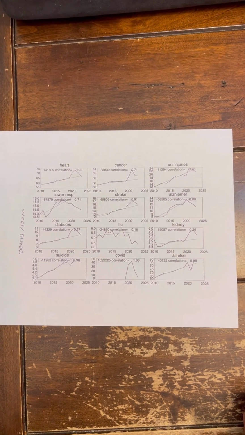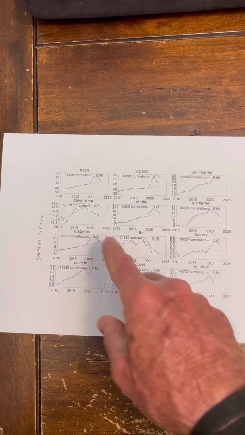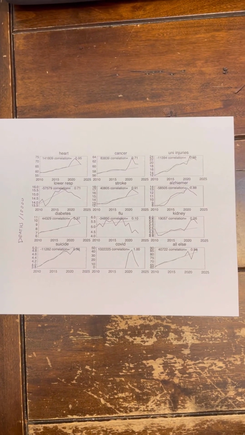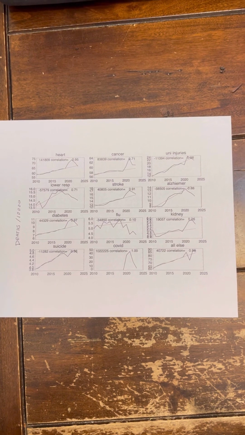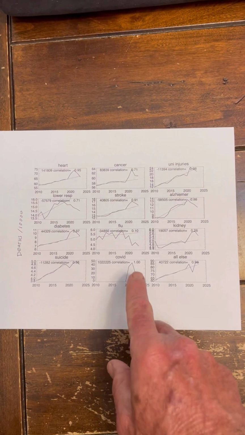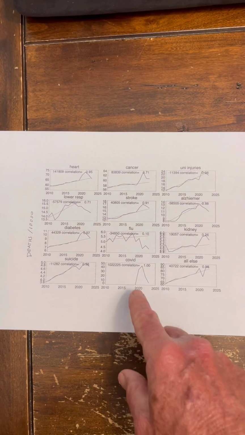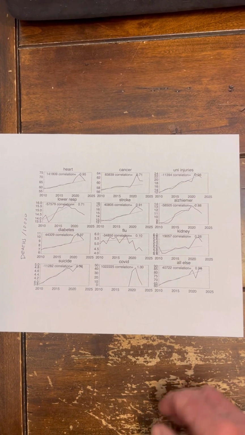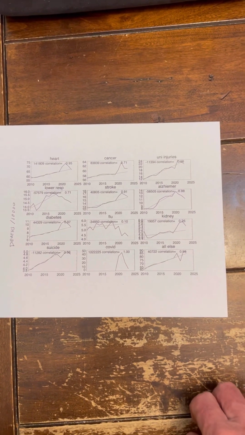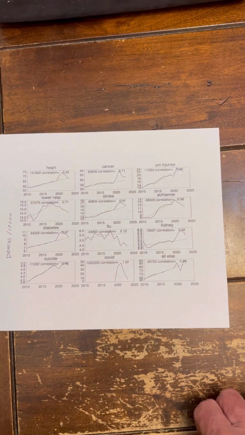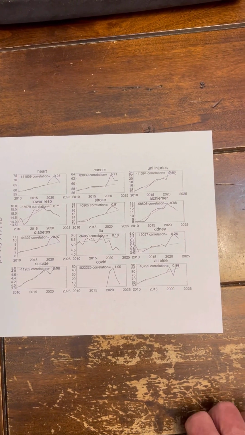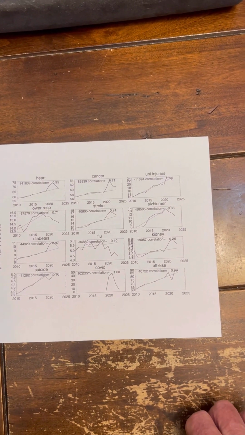And then of course the number on the left here is the actual number of excess or deficit deaths. You can notice that COVID spiked up as high, and of course it has a perfect correlation because we could confidently predict that if COVID had not come around, there would have been 0 deaths in 2020 and onward.